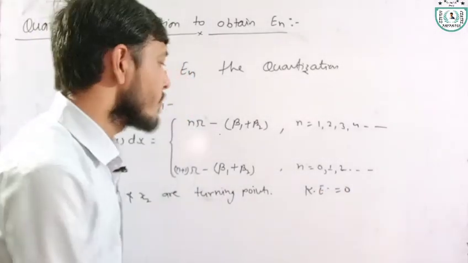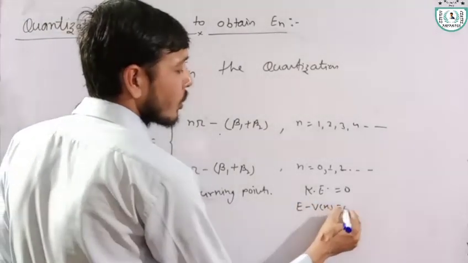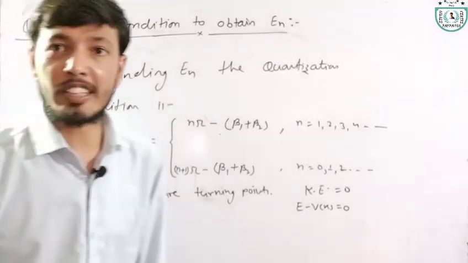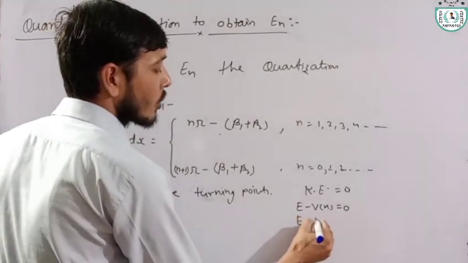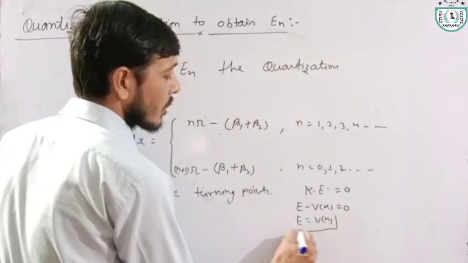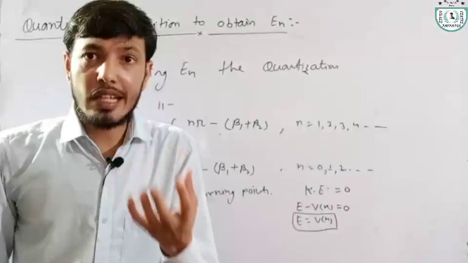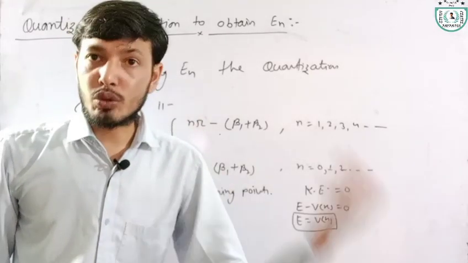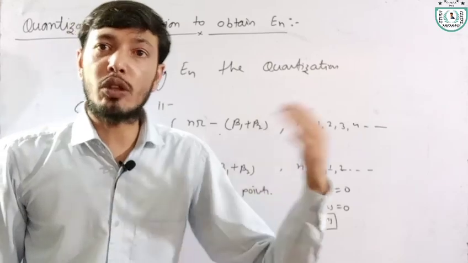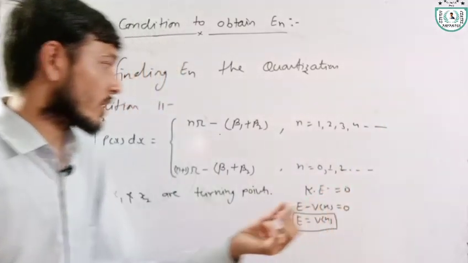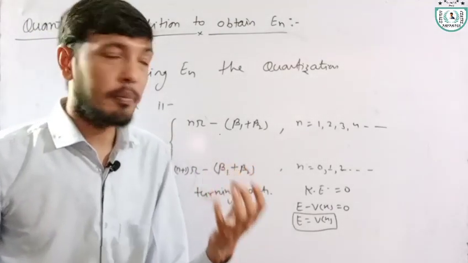Or you can say E minus V of x is equal to 0, or E is equal to V of x. Means at that point the total energy is equal to potential energy. That point is called a turning point.